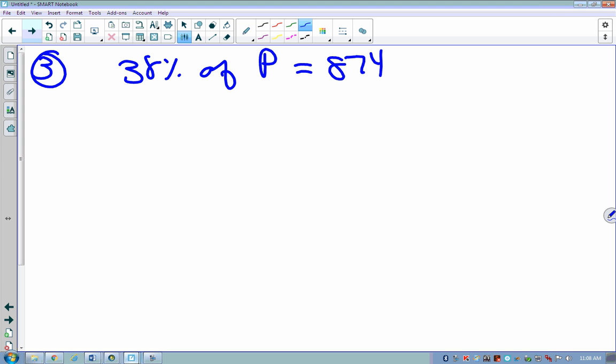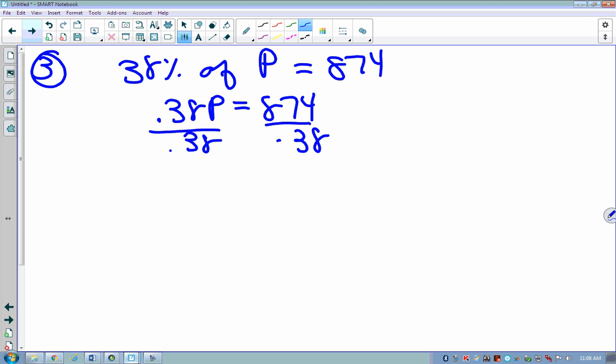Multiplication. What do I want to do with percent? Change it to a decimal, which is 0.38. Can we use P for people? 0.38P equals 874. If I want to know how many people were polled, what do I want to do? Divide by 0.38. What is 874 divided by 0.38?